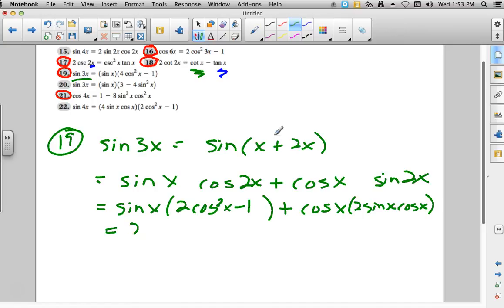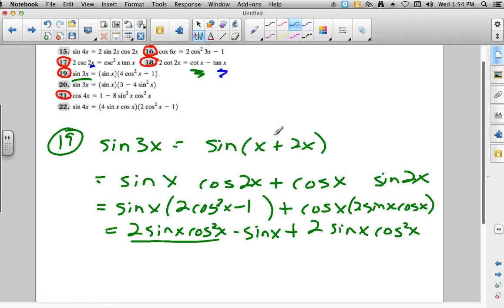So at this point, we would have 2 sine of x cosine squared x minus sine of x plus 2 sine of x cosine squared x. Well, wait a minute. These terms are the same. So that will be 4 sine of x cosine squared x minus sine of x.